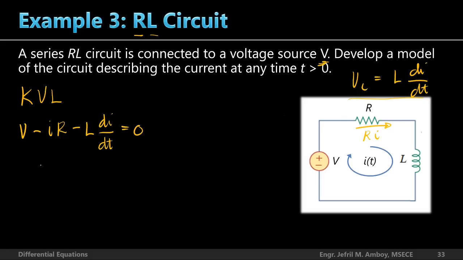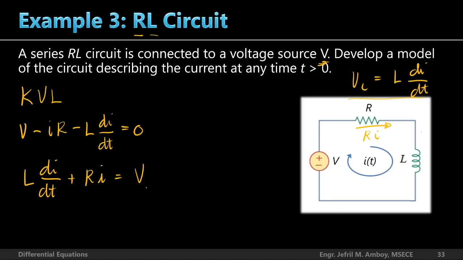Okay, so we now have a differential equation. I can transpose these two terms to the other side and equate it to V. So L di over dt plus R times I equals V. In writing the differential equation, it is a convention that the first term has a coefficient of 1.